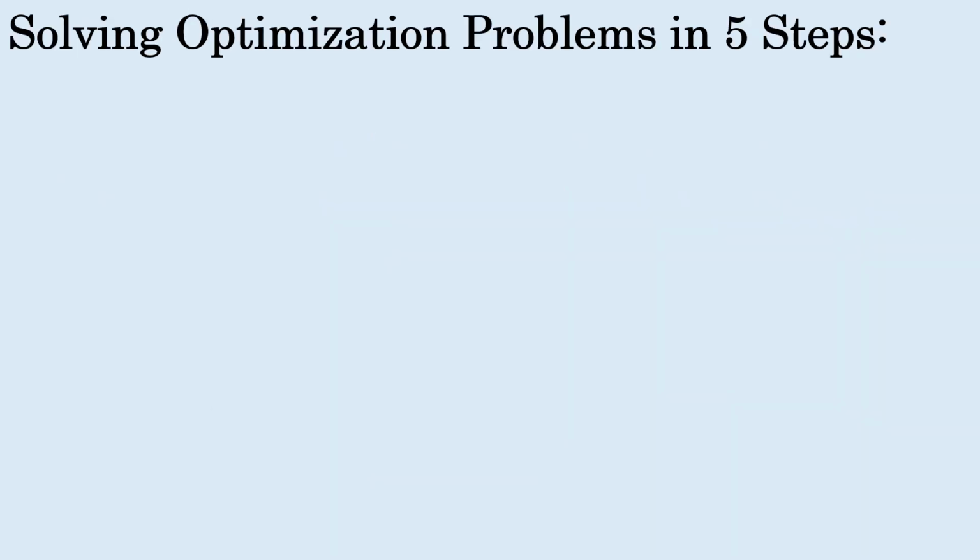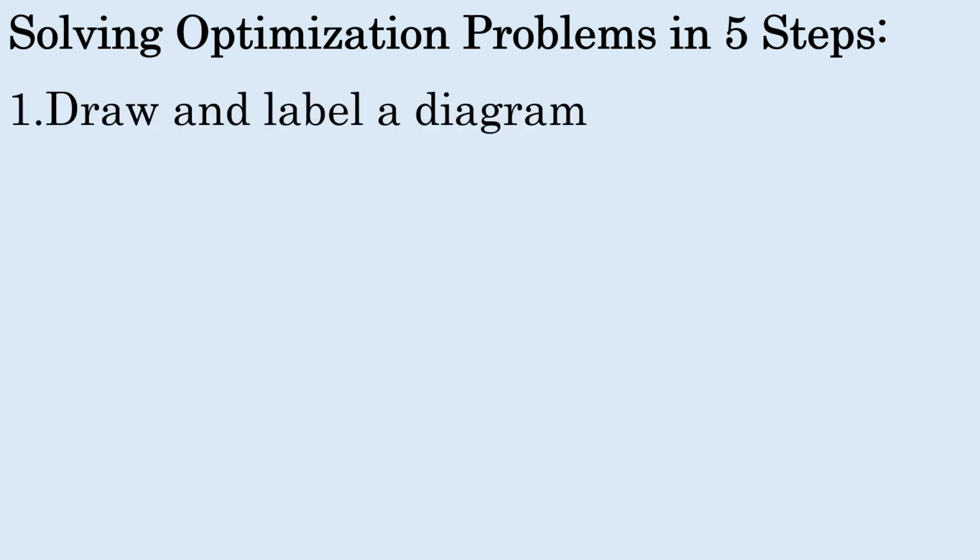Although all optimization problems are different, the following 5 steps can be used to solve just about every optimization problem. First, as is the case with many problems in mathematics, the drawing and labeling of a diagram is a good place to start.